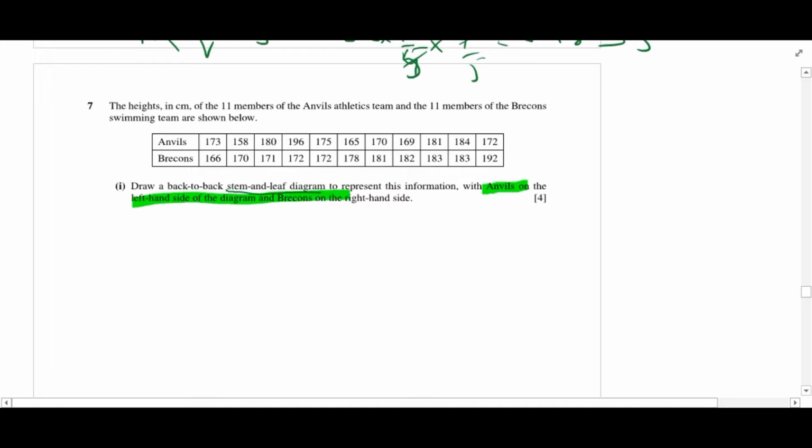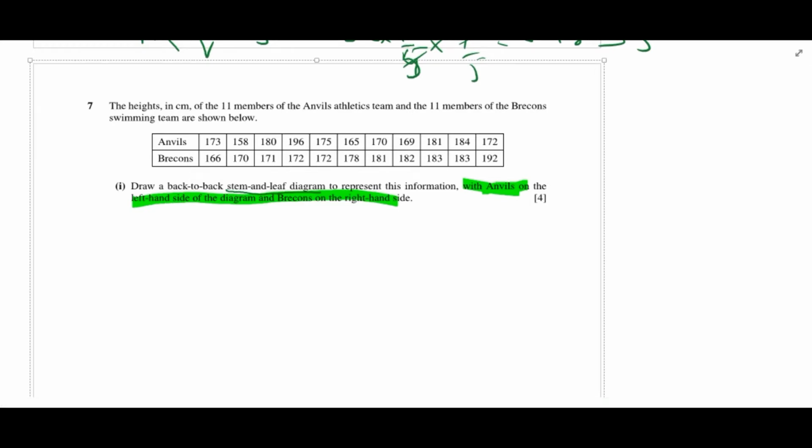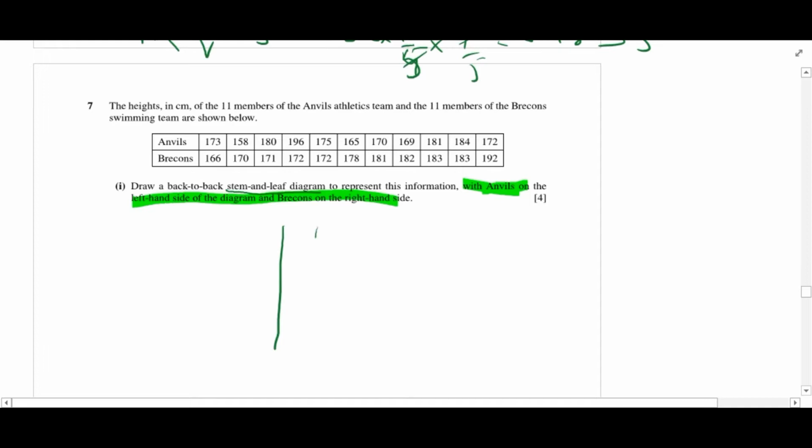They have added some limitation that the stems should be on the left hand side and the leaves on the right hand side. Before working, we need to define a key for ourselves. So let us design this.